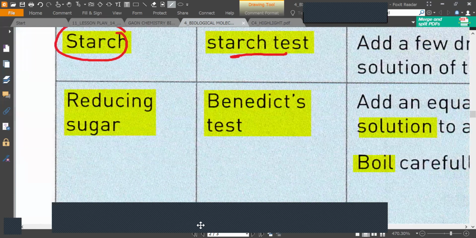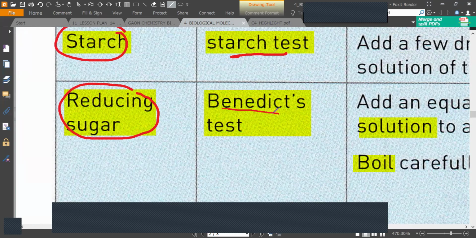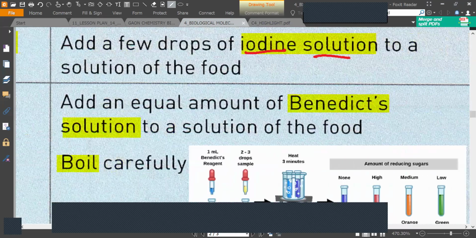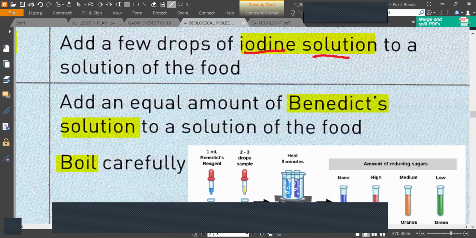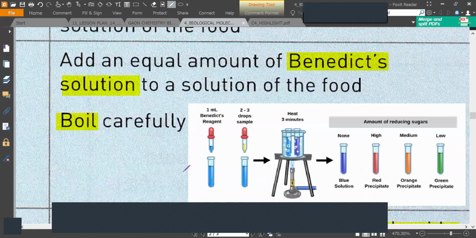Okay, reducing sugar. So how do we test for reducing sugar? This is what we call Benedict's test. First, we will take our sample, and then we'll put the Benedict solution.